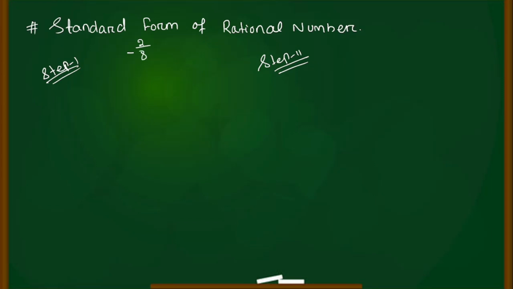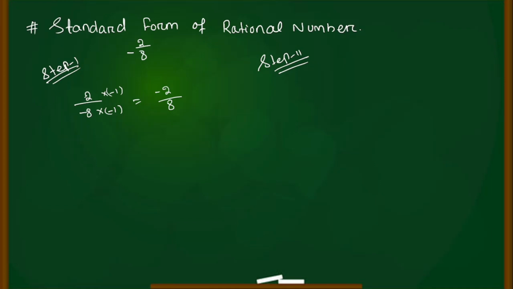The first step is that the minus must be in the numerator, not the denominator. So we multiply 2 divided by minus 8 by minus 1 on both sides. Then the minus sign in the denominator is cancelled, because minus minus is plus. That is 8, and here the numerator is minus 2. The second step is lowest terms.